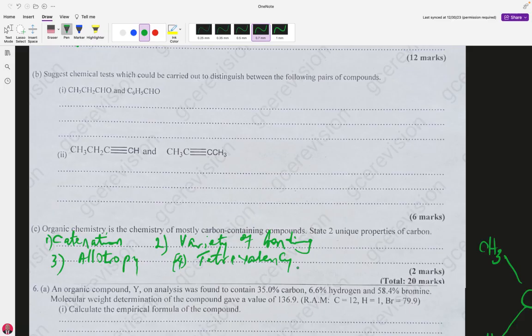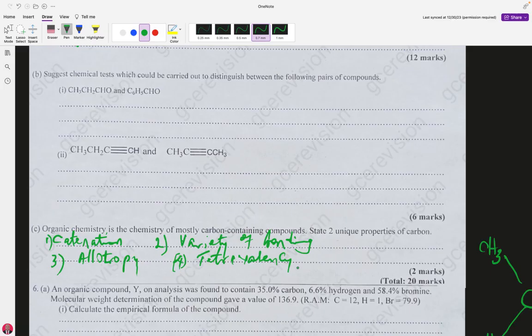The third one is allotropy. Carbon exists in different forms. Carbon exists as diamond, as graphite, and as fullerenes. That's another form of carbon that makes carbon unique. Then the last one is tetravalency.